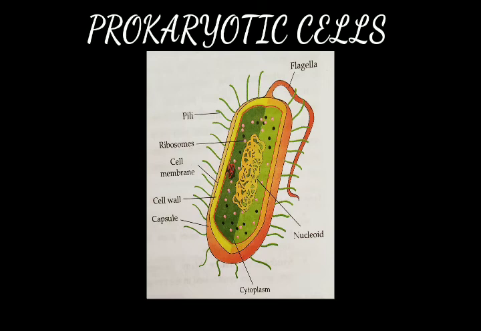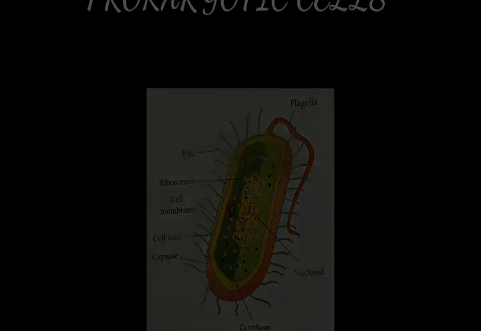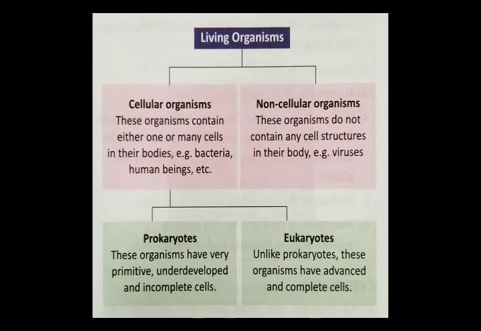And what does nucleoid consist of? Only nucleic acid, right? They don't have a well-defined nucleus, in place of nucleus they have nucleoid, which has only nucleic acid. On the other hand, eukaryotes have a well-defined nucleus, membrane-bound cell organelles, and everything is present in them.